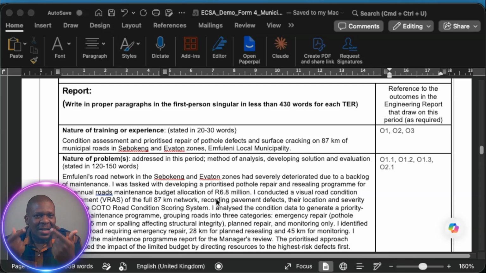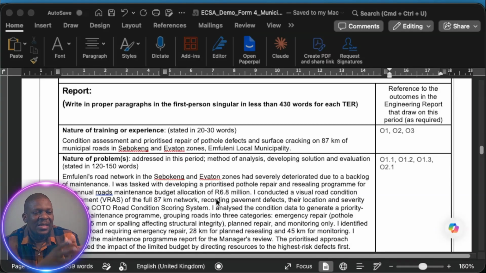You then analyze the condition data and generate a priority ranking maintenance program. You will group it in terms of emergency repairs, potholes. You will group it in terms of planned repairs, or you will group it in terms of just monitoring.